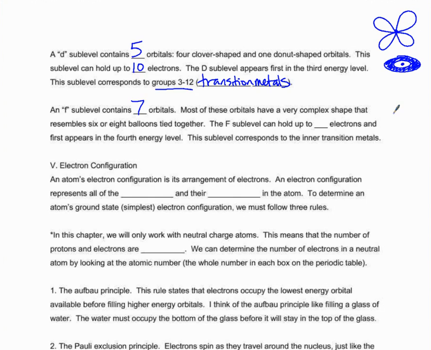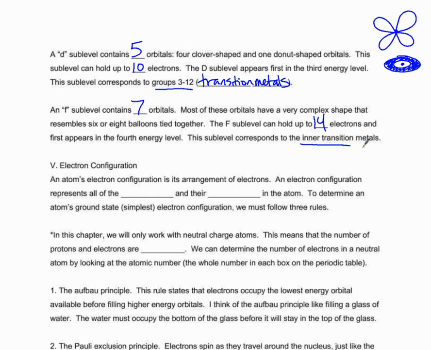It's an odd shape. The f sublevel can hold up to 7 orbitals with 2 electrons each. That's 14 electrons. It first shows up in the 4th energy level, and this one corresponds to the inner transition metals.